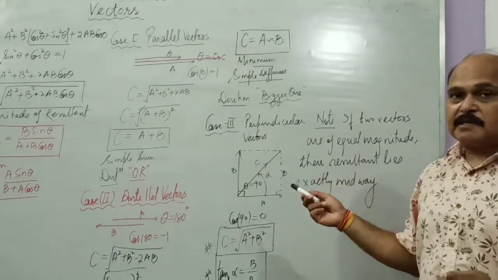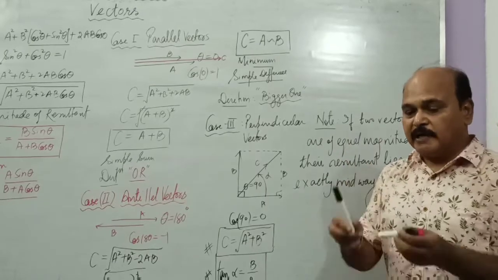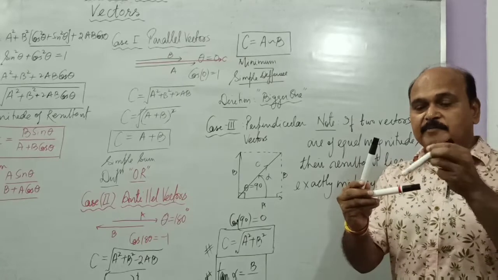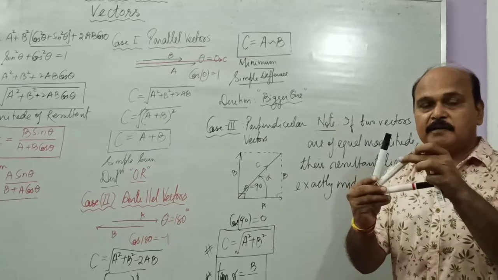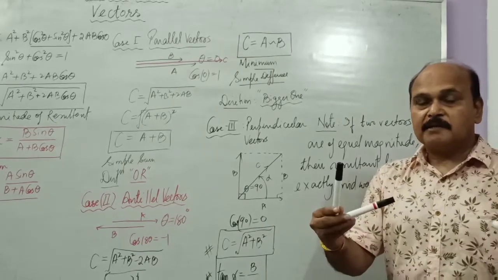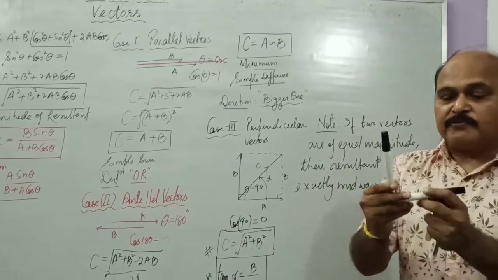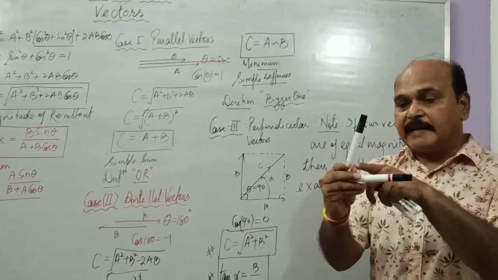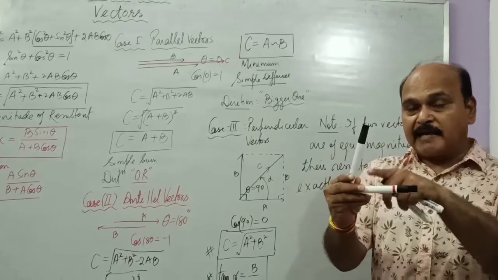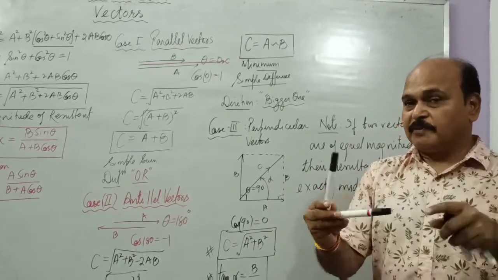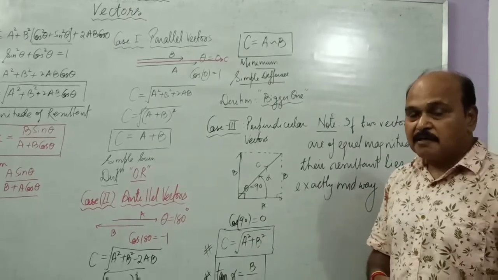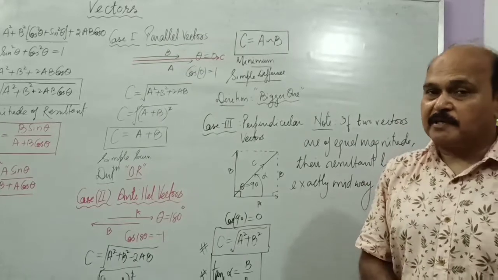This note says that if two vectors are of equal length, then the diagonal, the resultant, is exactly midway. So with this logic, we can straightaway write down the direction of the resultant provided the given vectors are of equal length.